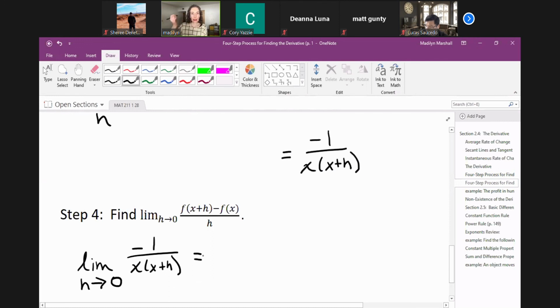So there is an h in the denominator, but it's not an h that's going to make the whole denominator 0. So in this case, we can plug in that 0. Nothing bad happens. It's not an asymptote or undefined or a hole or anything. It just turns out to be x times x.